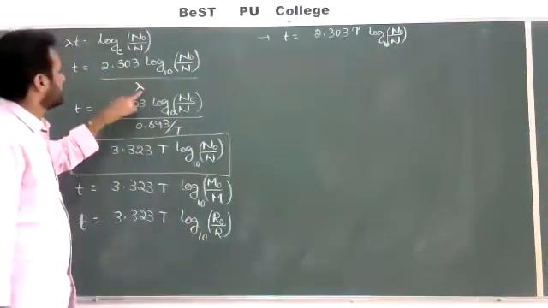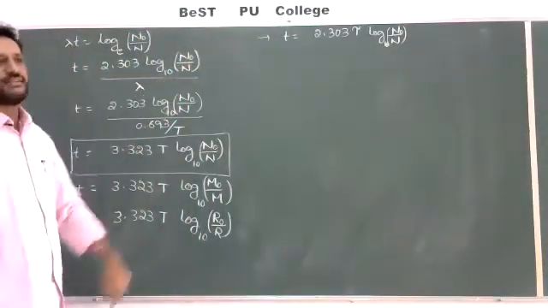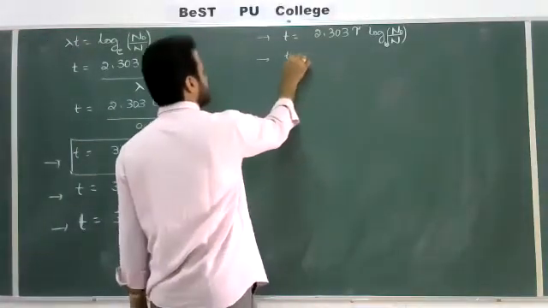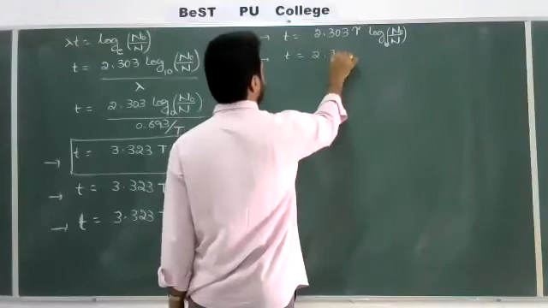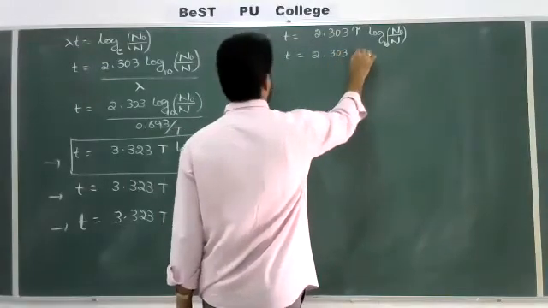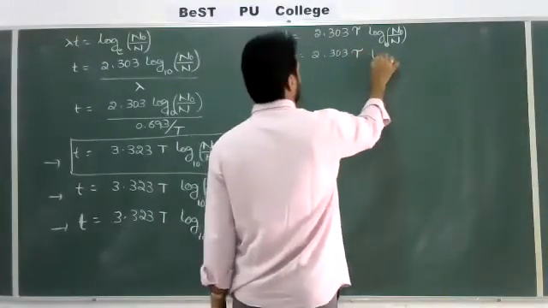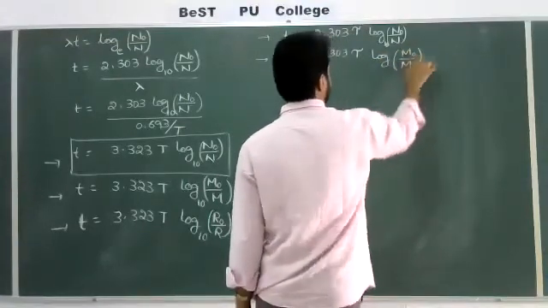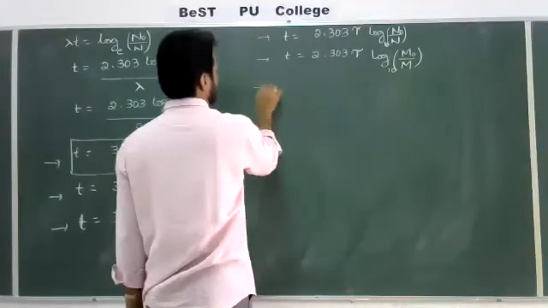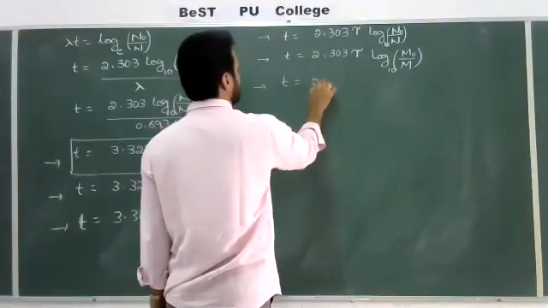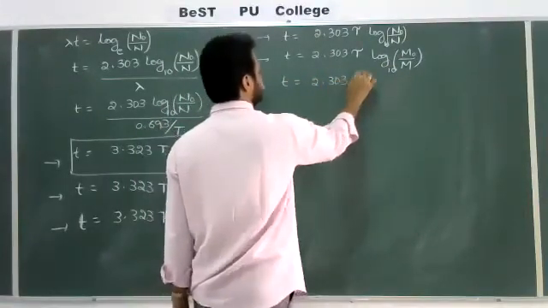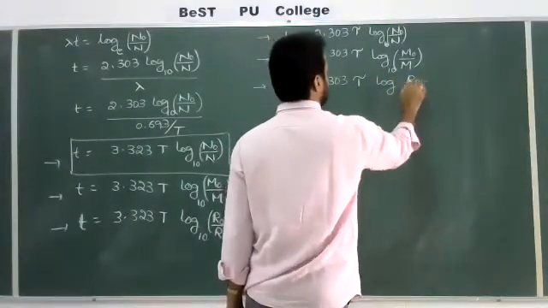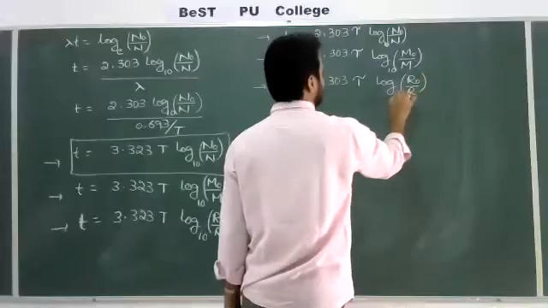In place of 1 by lambda I am writing tau, the mean life or average life. Or we can write t is equal to 2.303 into tau into log M naught by M in terms of the masses, base 10. Or t is equal to 2.303 into tau into log R naught by R in terms of activities.